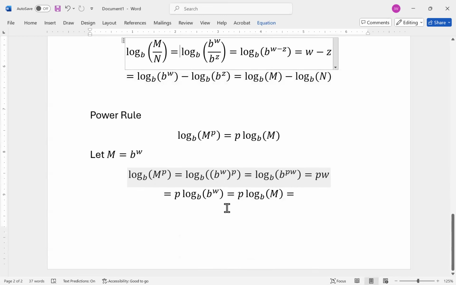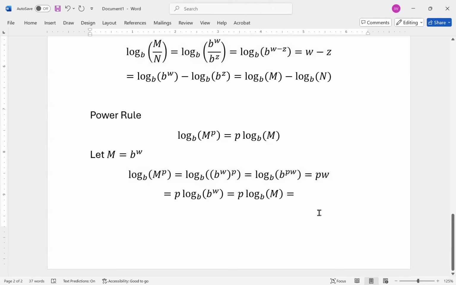In a similar way, the power rule works. So we'll once again let m be b to the w. So log base b of m to the p power is log base b of b to the w, all raised to the p power. The power rule of exponents says this is going to be b to the w times p, or p times w. Either way, order doesn't matter there.